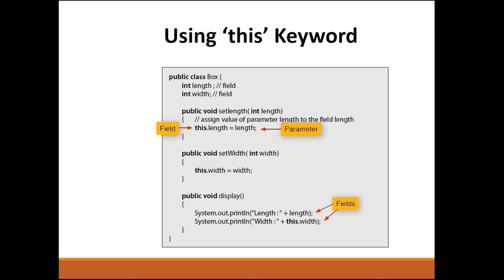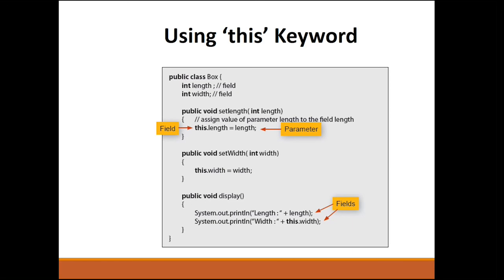Now, if that's what you're going to do, magkakaroon tayo ng problema because the value will not transfer. Or the value that you will be given will just come out as 0. That's why we use the word this to refer that we are referring to the attribute length, not the parameter length.